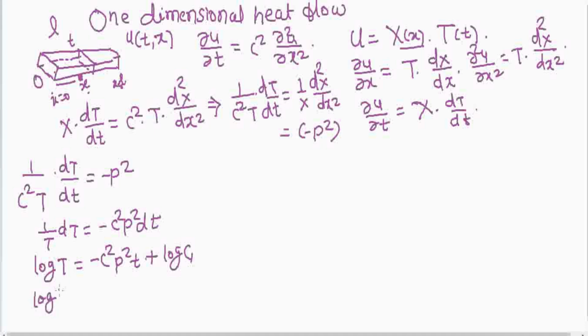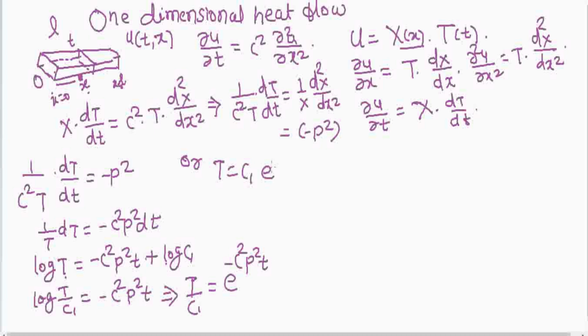Then log of T divided by c1 equal to minus c square p square into t. We have transferred this term to the left side, and log a minus log b equals log of a by b. Taking exponential, this gives T divided by c1 equal to e raised to minus c square p square into t, or T equal to c1 into e raised to minus p square c square into t. This is the first variable function which we get from the differential equation.